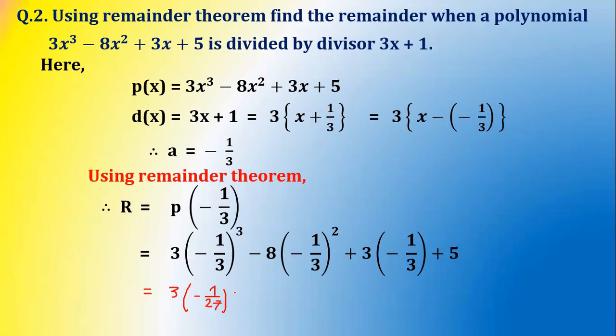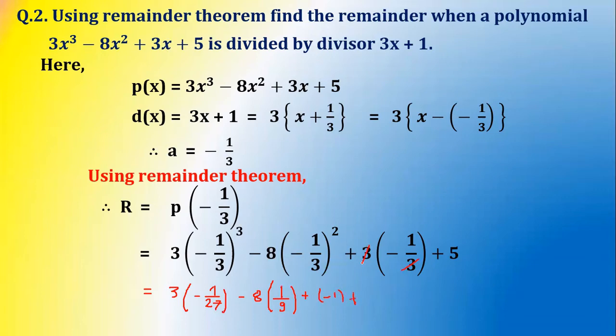And then minus 8 is there. Now within the bracket there is minus 1 by 3 squared. Minus squared would be plus, obviously. So we can obtain only 1 by 9, plus, and this 3 and this 3 can be cancelled. So it would be only minus 1 inside the bracket, plus 5.